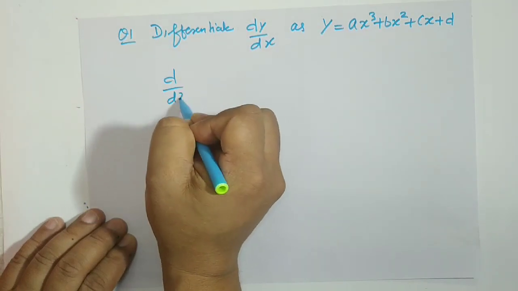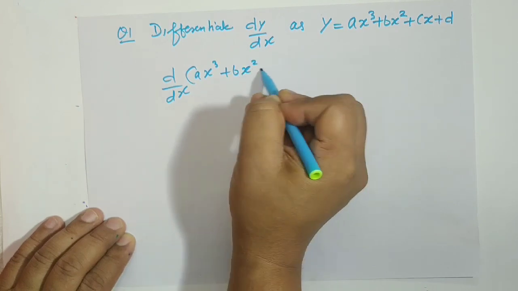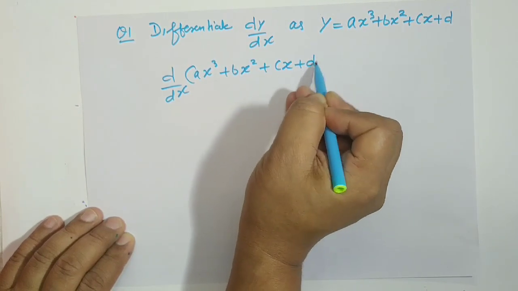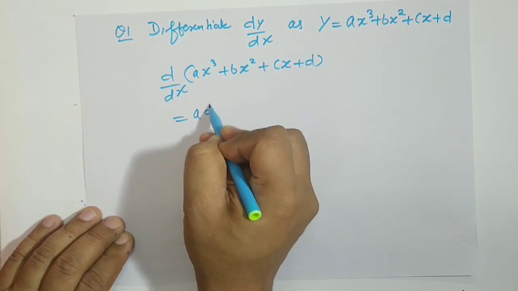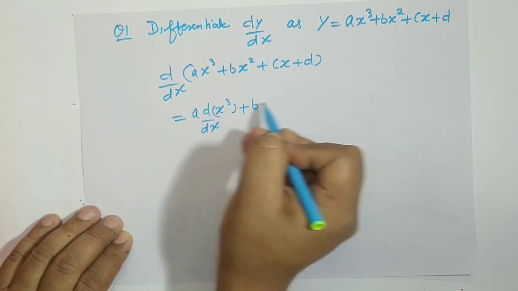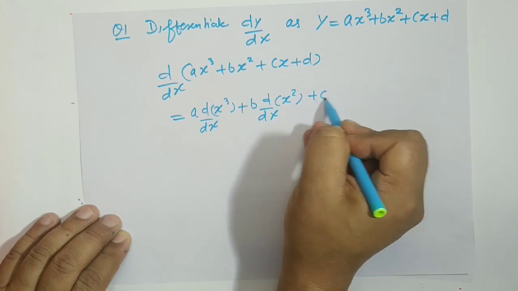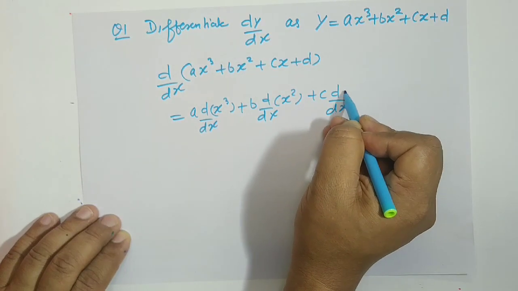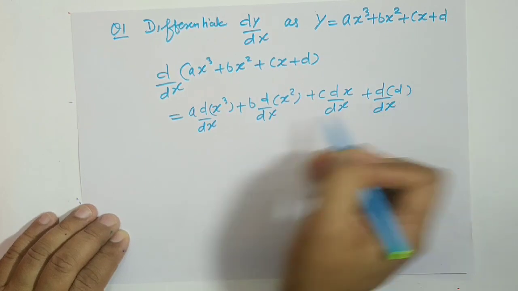It is dy by dx of the complete ax cube plus bx square plus cx plus d. You know what will happen? You open it, a will come out. Again I am repeating, you remember, constant will come out. b will come out, dy by dx of x square. c will come out, dy by dx of x. And then dy by dx of d. You remember a will remain here.